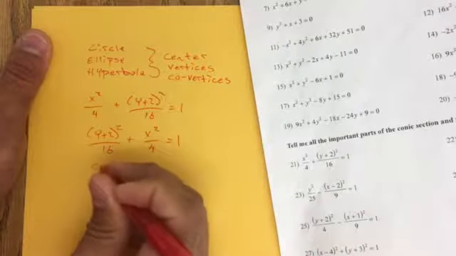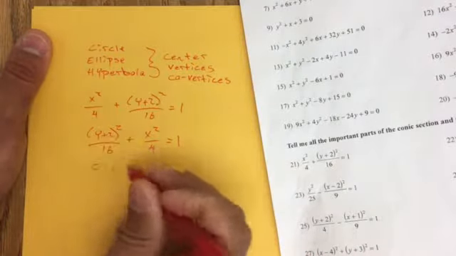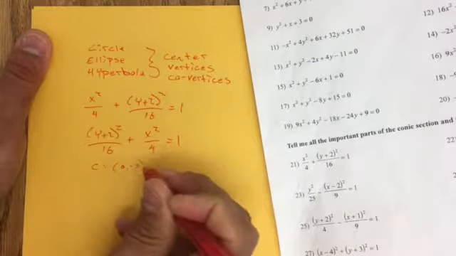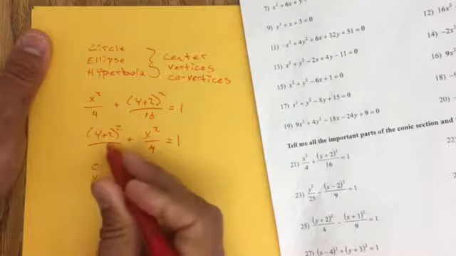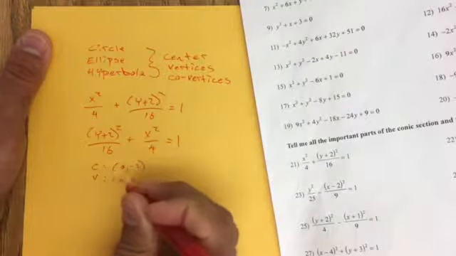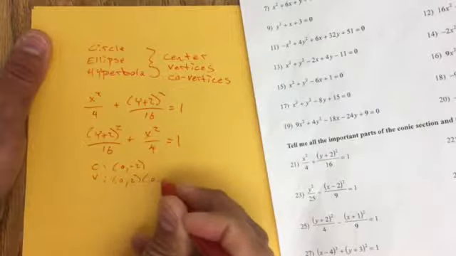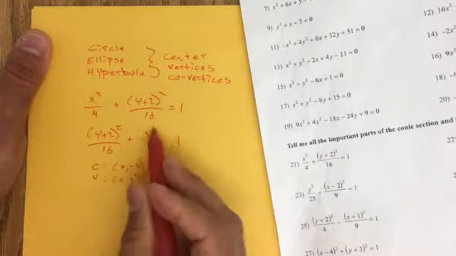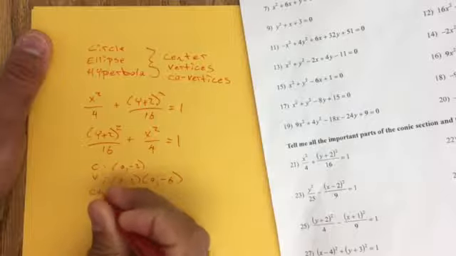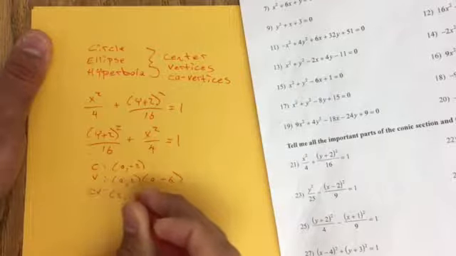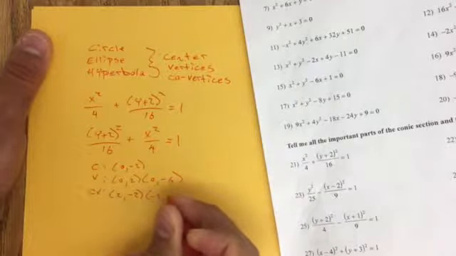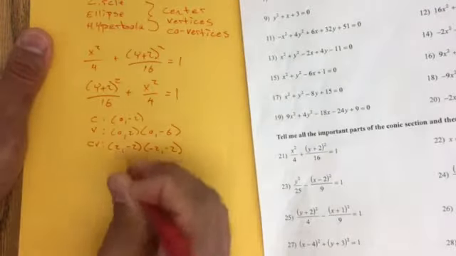I'm going to do the center on this, which is going to be 0, negative 2. I'm going to do the vertices on this, which I'm going to add and subtract 4. I'm going to do the covertices, which I'm going to add and subtract 2. And then I'm going to be able to graph this out.